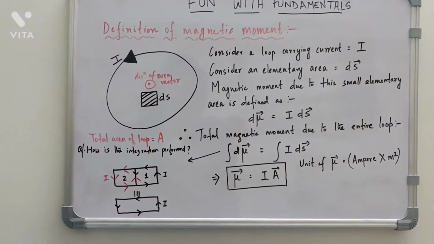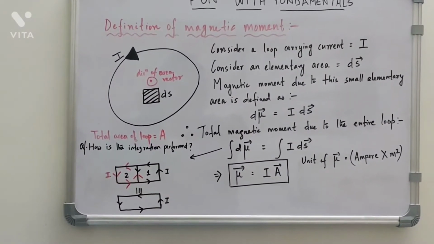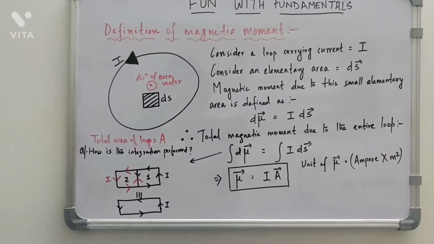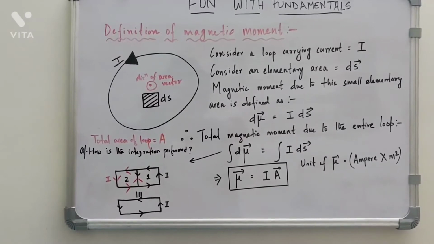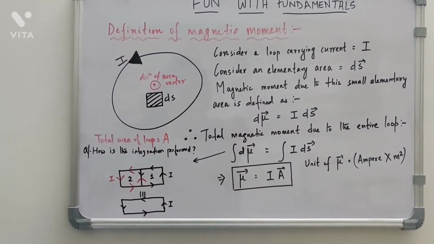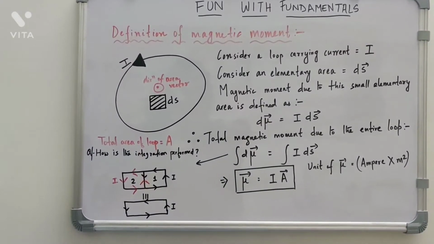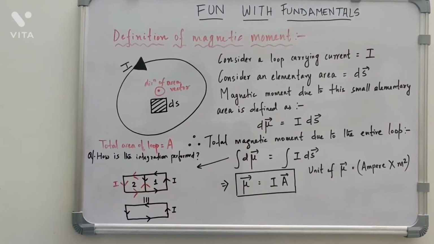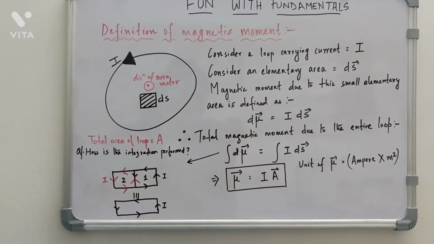Now you can see in the middle path the directions of current cancel out each other. So in the end what you will get is a net current flowing along the boundary of the loop. So this is how the integration is performed, that is, the contribution from each loop is added to get the net moment due to this current carrying loop.